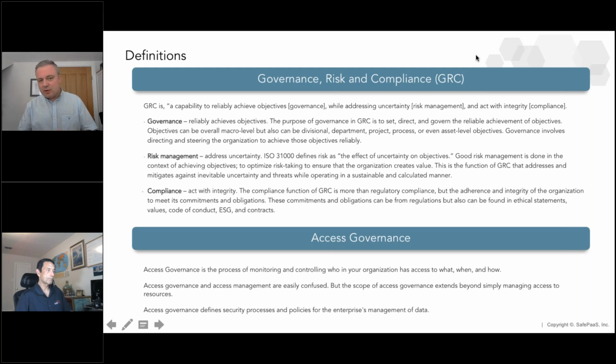Adil, from your point of view, how do you define access governance? Yeah, thanks, Paul, for defining that high-level governance, risk, and compliance. When I think of access governance and what our customers are looking for, I think of the process through which you monitor and control access to enterprise systems in your organization.